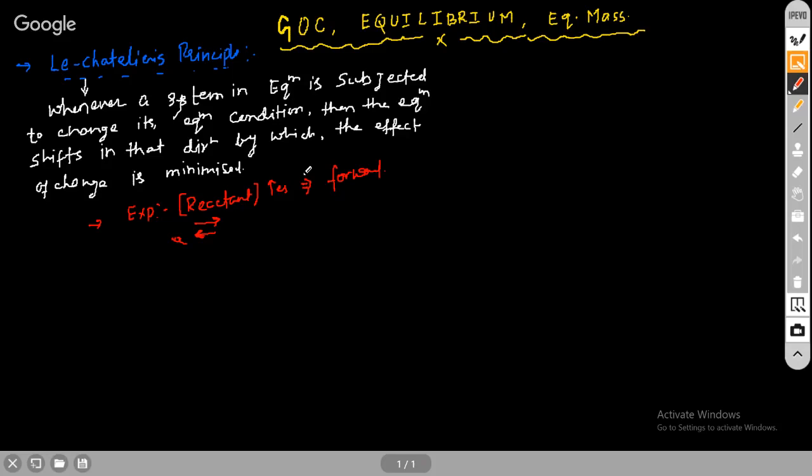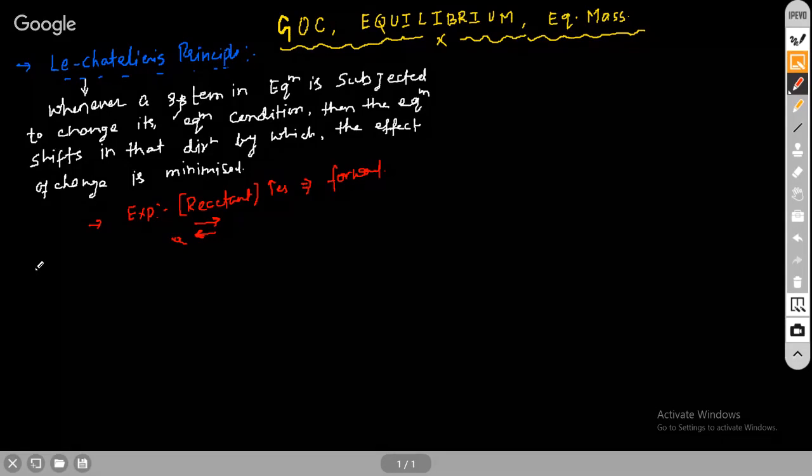One by one, we'll discuss the various factors we have. The first factor is the effect of change in concentration, of reactant or product.